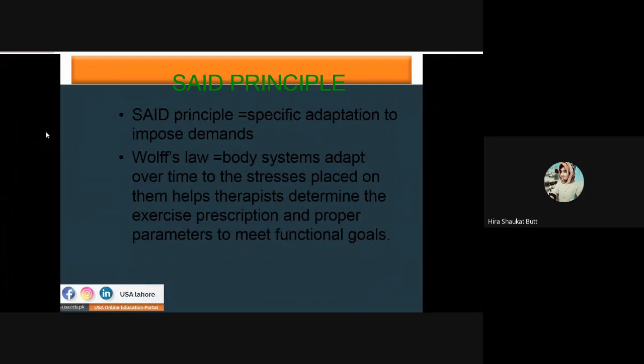This helps the therapist to determine the exercise prescription and proper parameters of the determinants of the exercise to meet functional goals. Okay, so the SAID principle is basically the specific adaptation to imposed demands, and how the body systems are adapting over time to the forces placed on them.